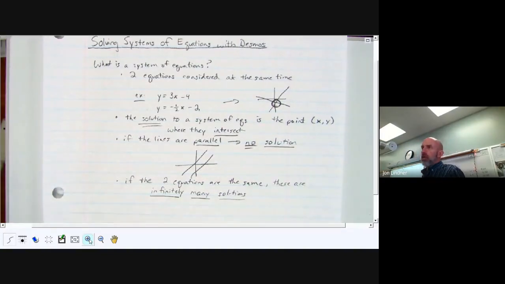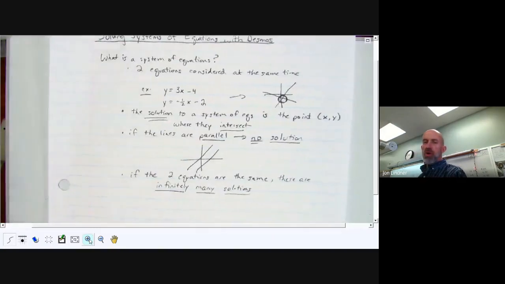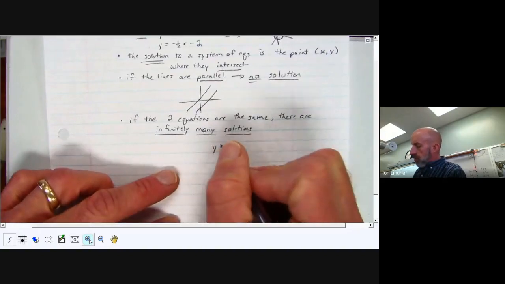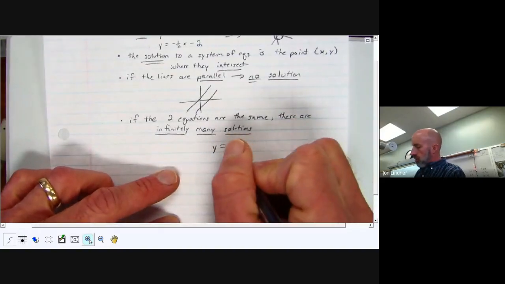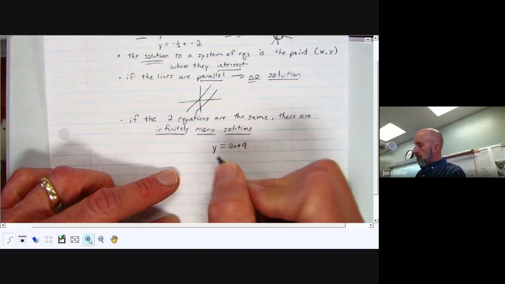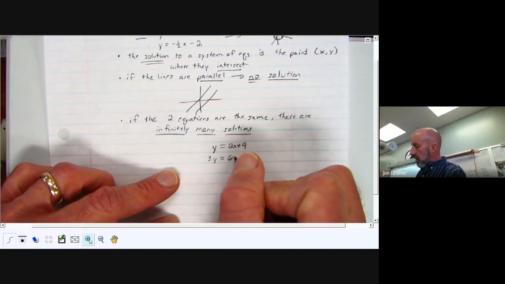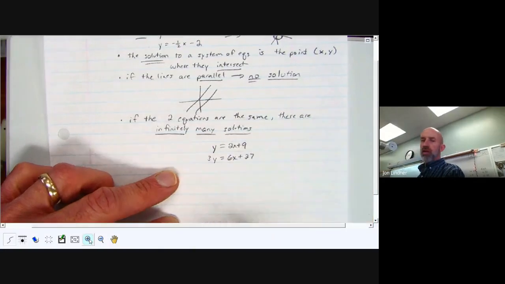And I'll give you a quick example of a system of equations where there could be infinitely many solutions. One like this, y equals 2x plus 9, and 3y equals 6x plus 27.